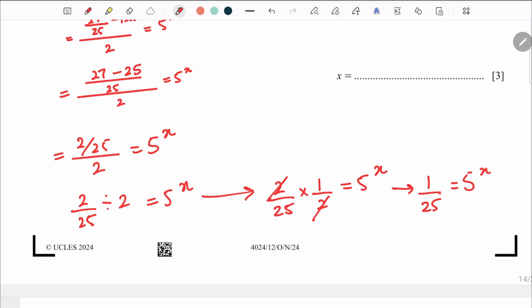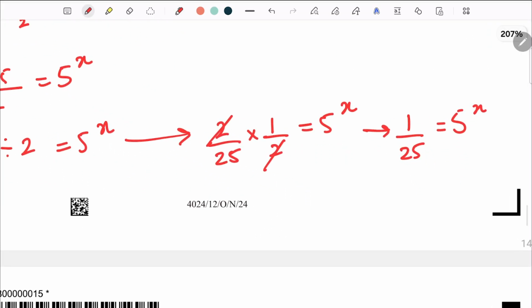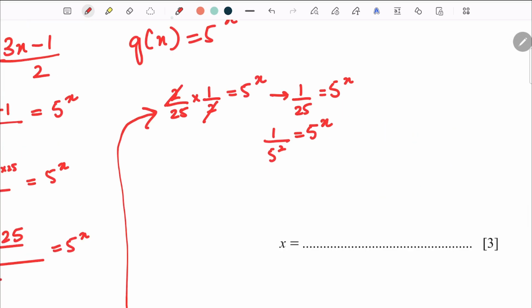Now I'm going to make the bases the same. This is 5, so I'm going to convert this 25 into 5 as well. 25 is the perfect square of 5. So when I simplify it, I'm going to be getting 1 over 5 squared is equal to 5 to the power x. When I bring this 5 squared from the denominator to the numerator, it will be 5 to the power negative 2 is equal to 5 to the power x.